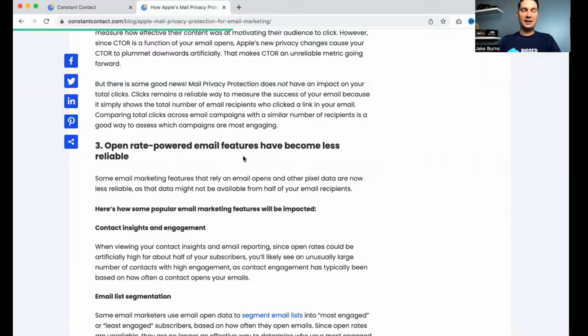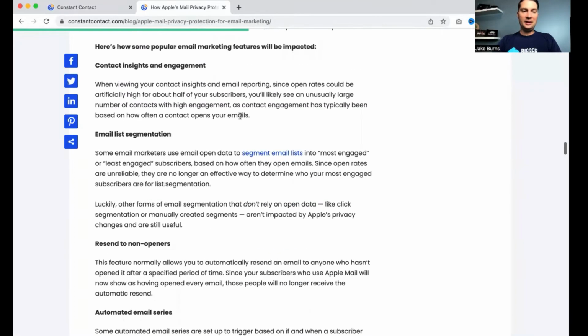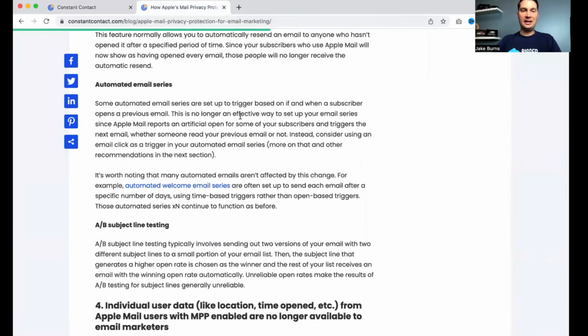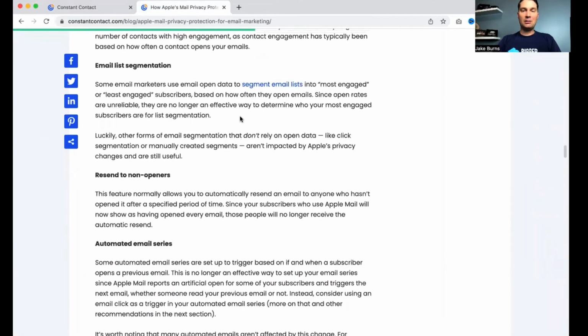You can read more about it, and we'll include the link in the description below. Some good information about this new Apple privacy protection and why it matters. But a lot of things related to email opens, such as your resends to non-openers, A/B testing, and automated email series that act because somebody didn't open or did open, some of these things are less reliable.